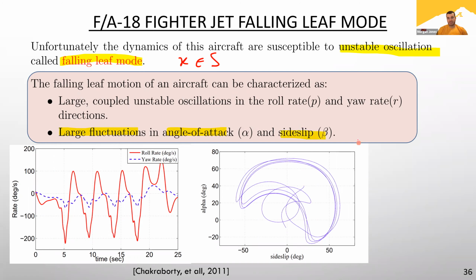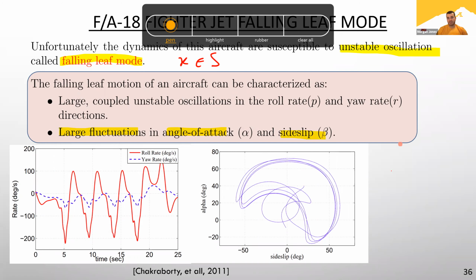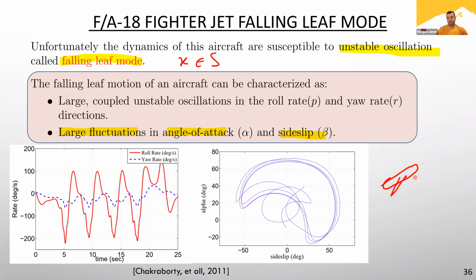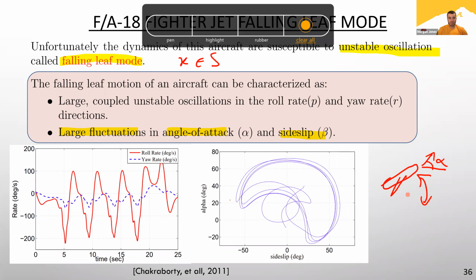This is clearly very unsafe, because if you imagine an airplane, the angle of attack is the angle at which the airplane is pointing, and if this varies too much, then the airplane is in an unsafe mode.